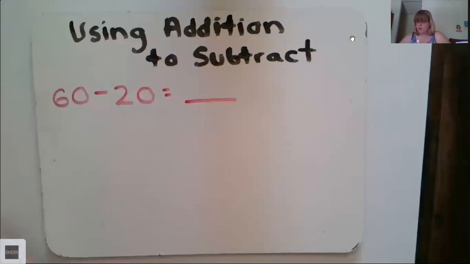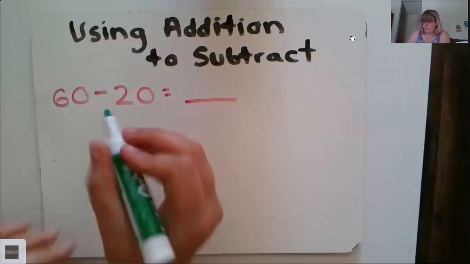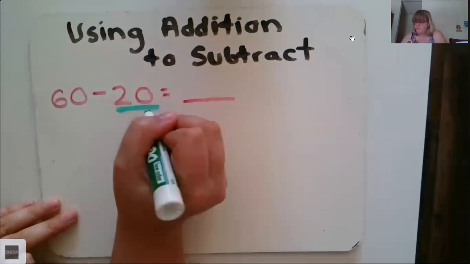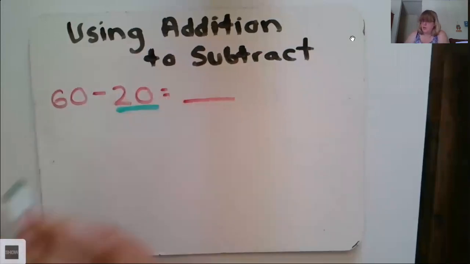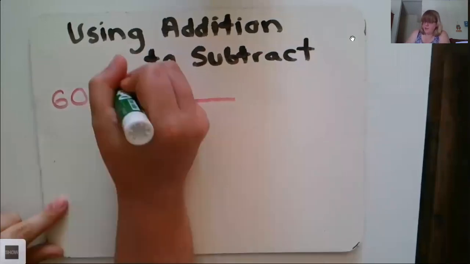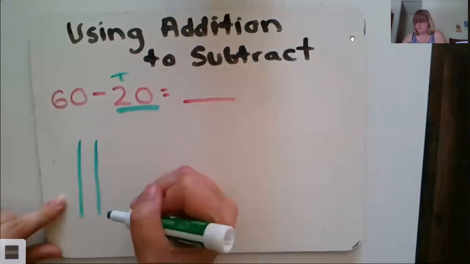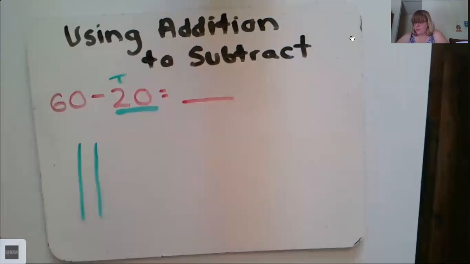So we're going to draw the model for the smaller number. So 20. I know I have two tens, so I'm going to draw two of my 10 sticks. But the problem is I want to get to 60.